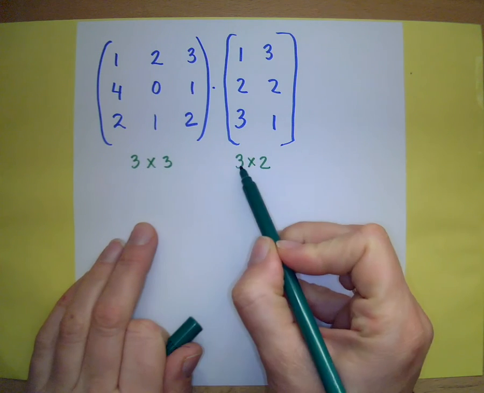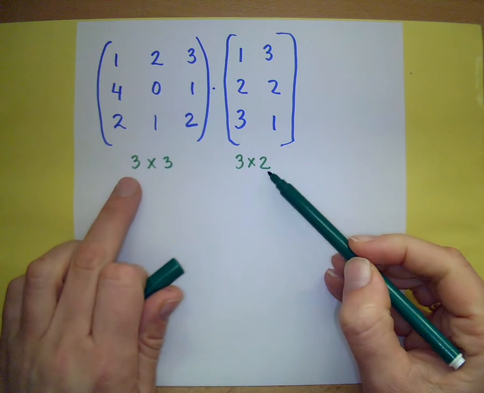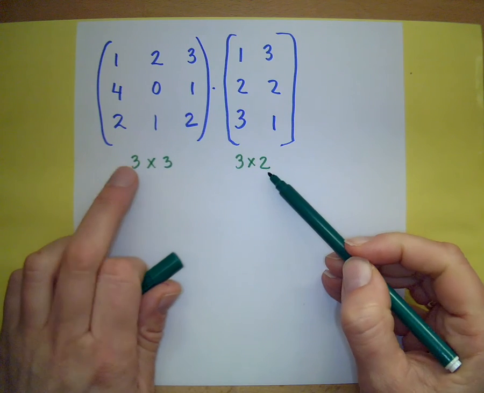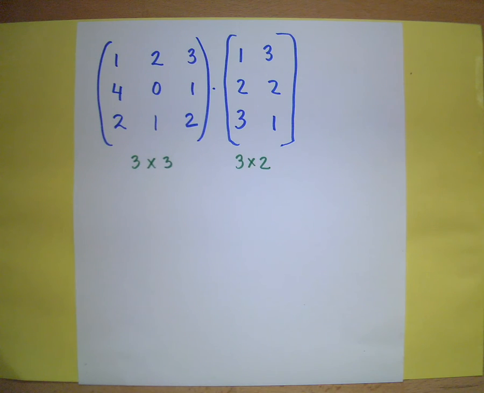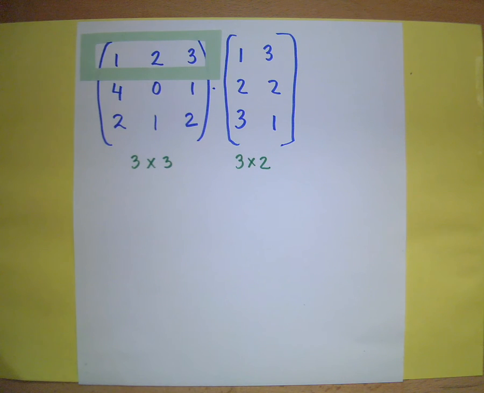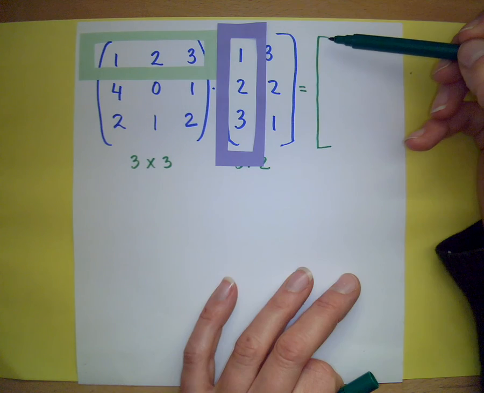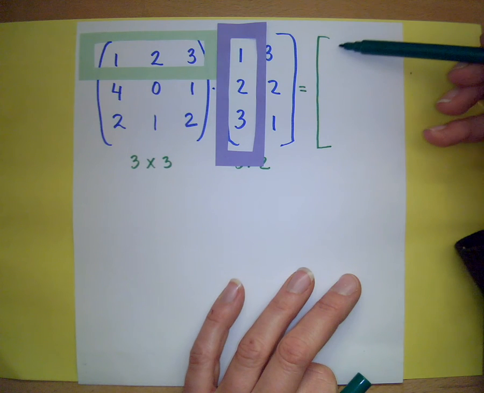The inside values are the same, so we can multiply them. These outside ones tell us it's going to have 3 rows and 2 columns. Great. First row. First column. Okay, this is going to give us our first number here.